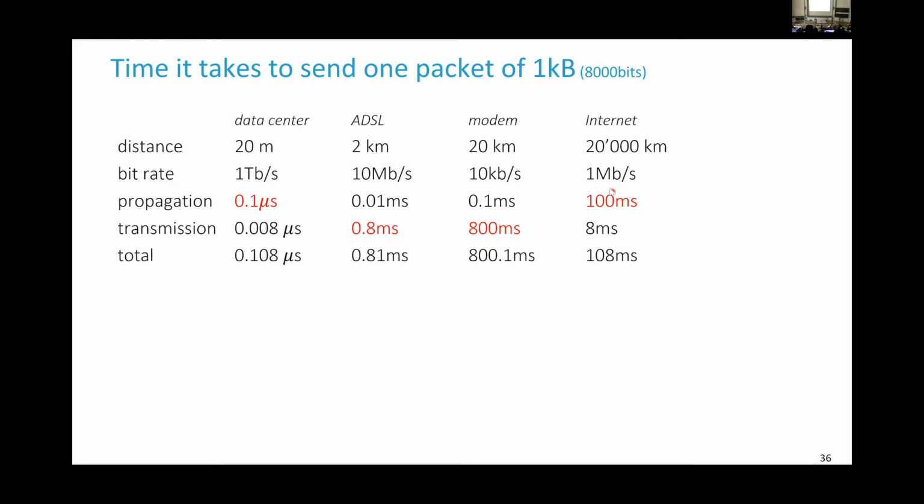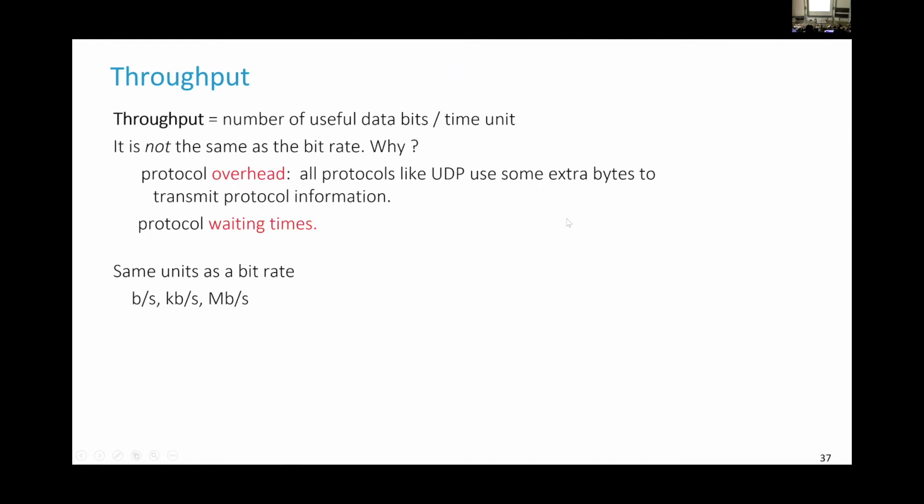And on the internet, it depends on the numbers here. But for example, if I download content from a server that's in California or in Australia or in South Africa, we'll see that in reality, most of the time, when we go to a site that appears to be in New Zealand, it is in a proxy somewhere in Europe. And that's because the propagation time tends to be too large to get there.